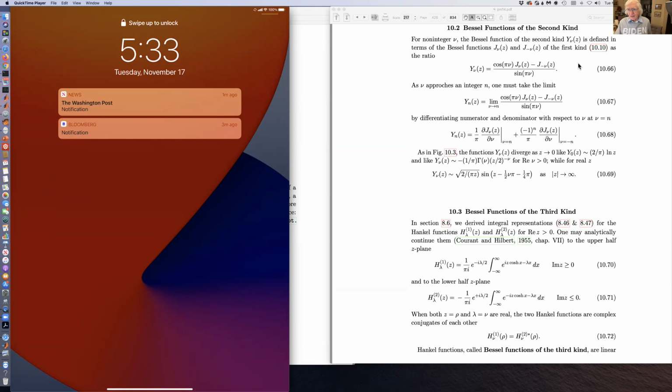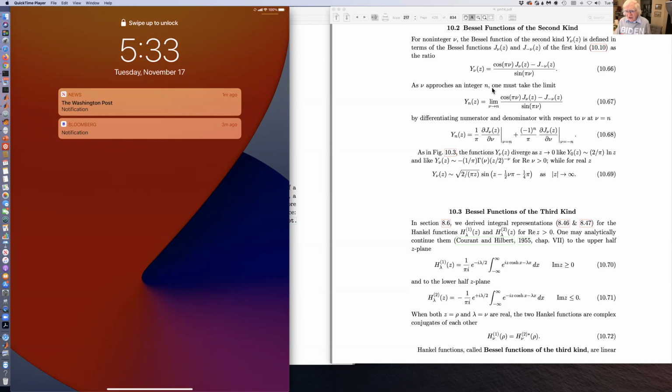Anyway, what we do is the Y's turn out to be linear combinations or ratios of the Bessel functions of the first kind divided by a sine. And you can see when nu approaches an integer, the denominator goes to 0. So this is a singular limit. So the Bessel functions of the second kind of integer index are more complicated than those of non-integral index.